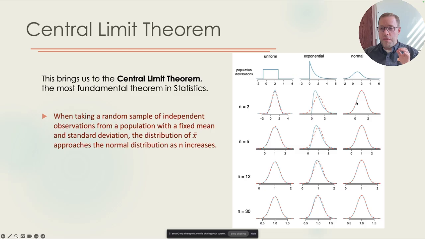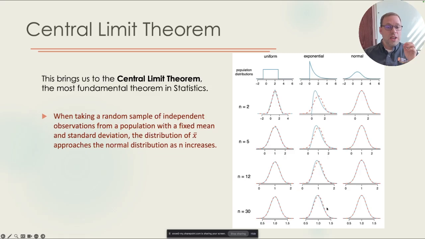If my sample size is 5, it gets closer, but it's not there yet. If the population is normal, it's already there, okay? You're already there right from the get-go. So if your population is normal, you're good right from the beginning. But if it's anything else, it starts, but it takes some time. If your sample size is 12, it's getting there, not quite there. By the time your sample size is 30, you're just about there.